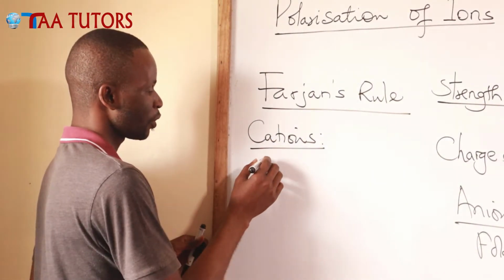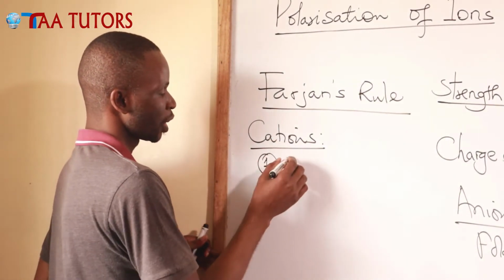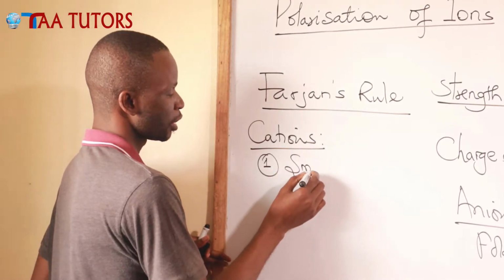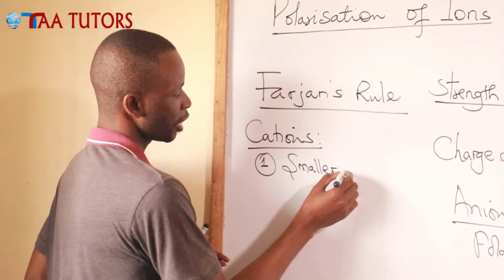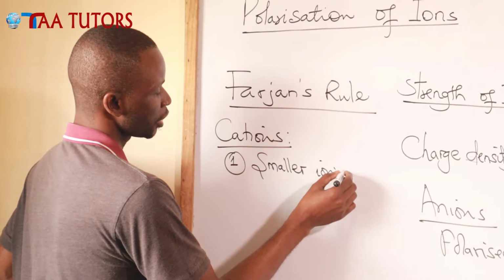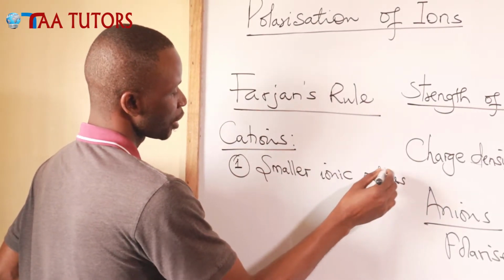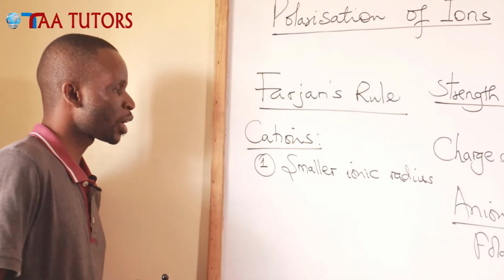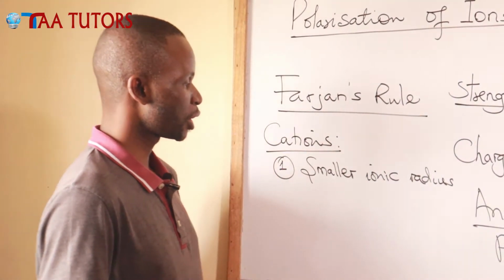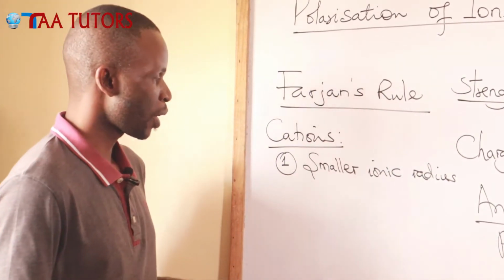One of these things is a smaller ionic radius. So an ion with a smaller ionic radius will have a greater polarizing power.